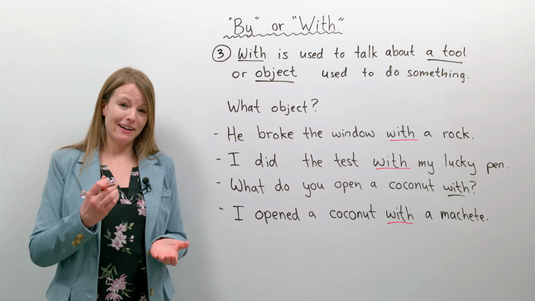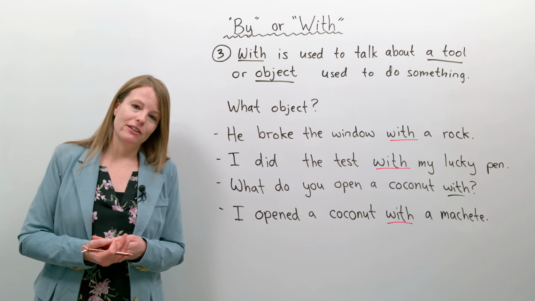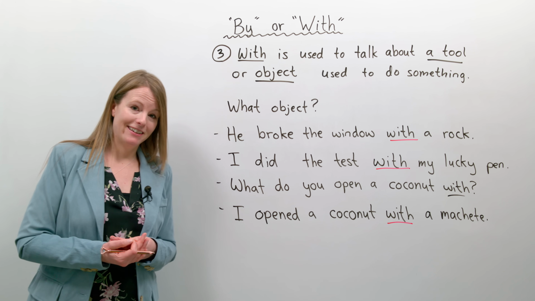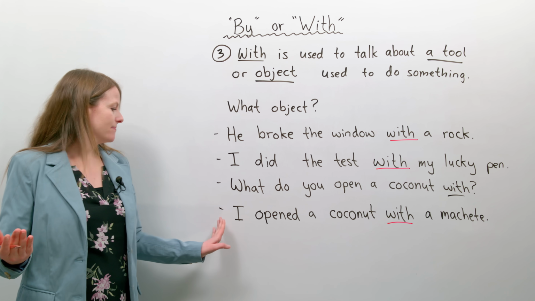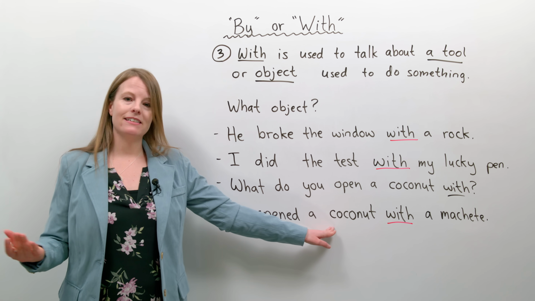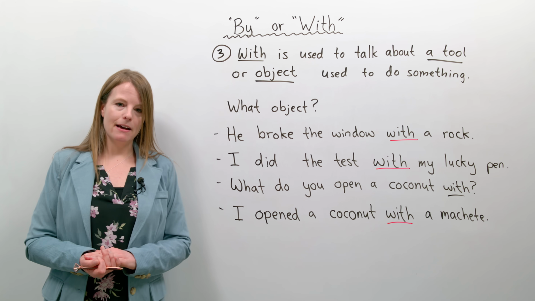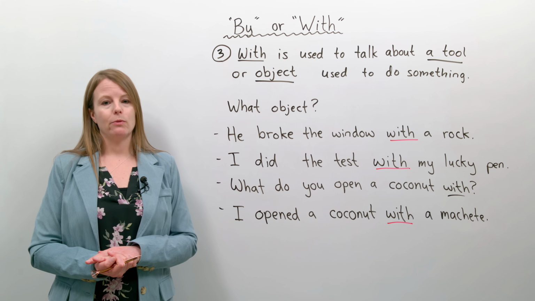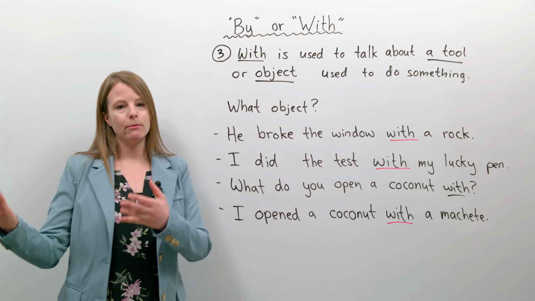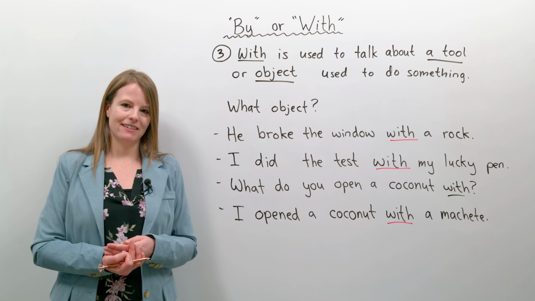Do you use a rock? Do you use a machete? What tool or object do you use to open a coconut? So I know in a lot of places, they might use a machete. I opened a coconut. How? With what tool? With a machete. So here's another example on how to use the word with. So we use with objects and with tools to explain how we do something.